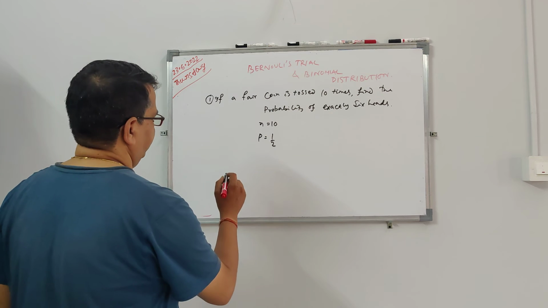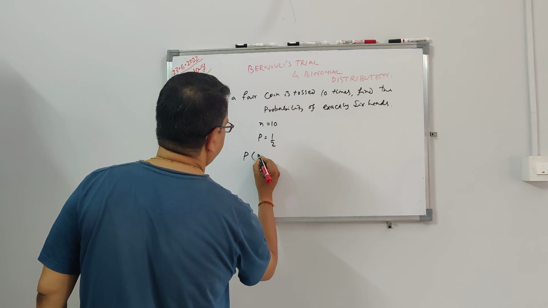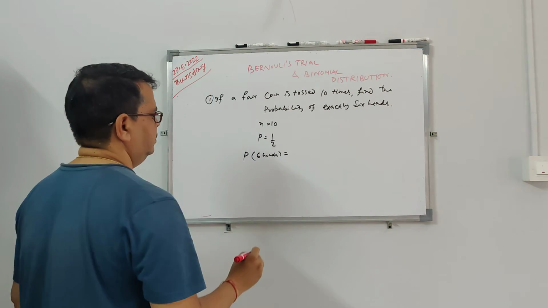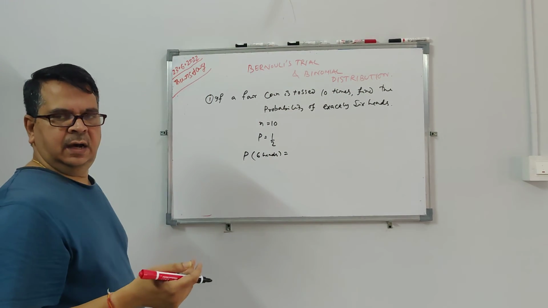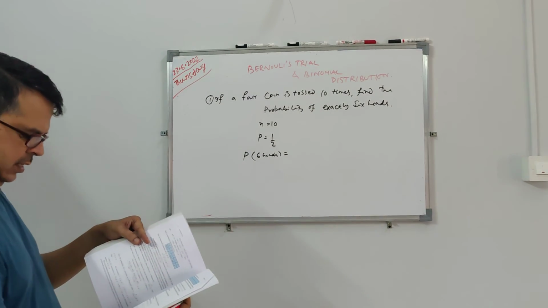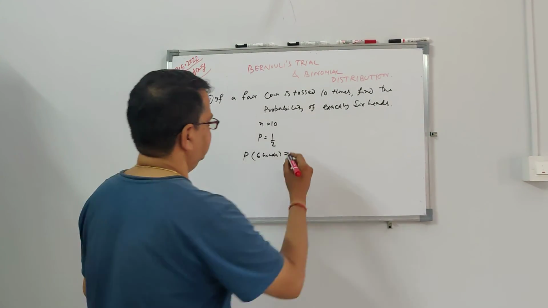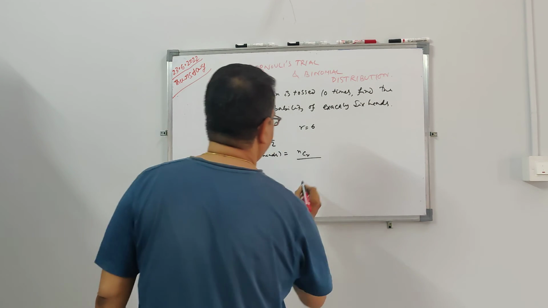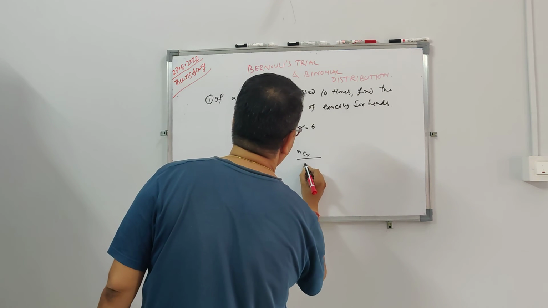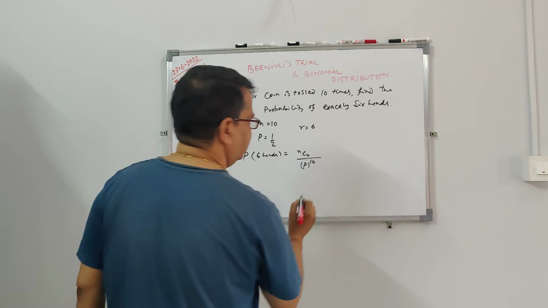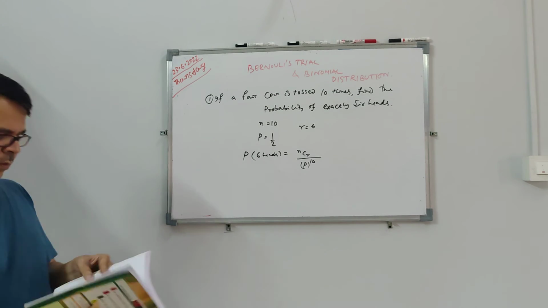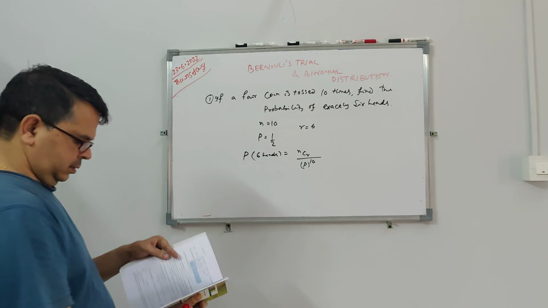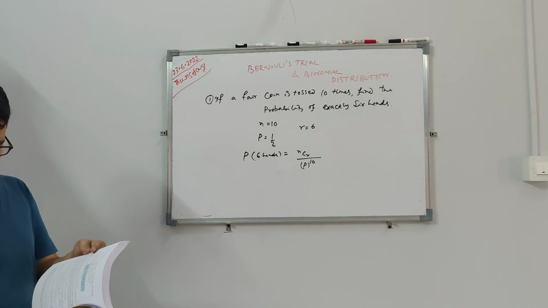So the probability of exactly 6 heads is NCR, okay. R is equal to 6. So NCR times the probability to the power 10 times, right? Half. P and Q, you have to consider Q also. Q is also half.